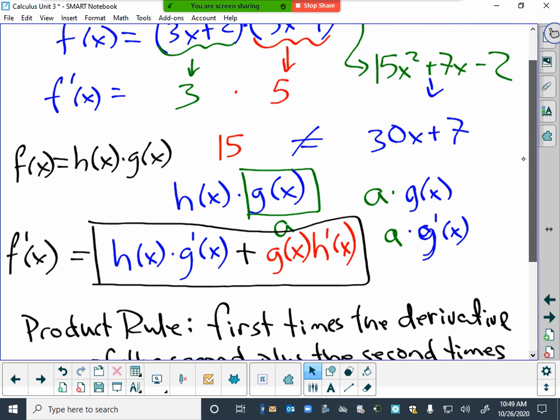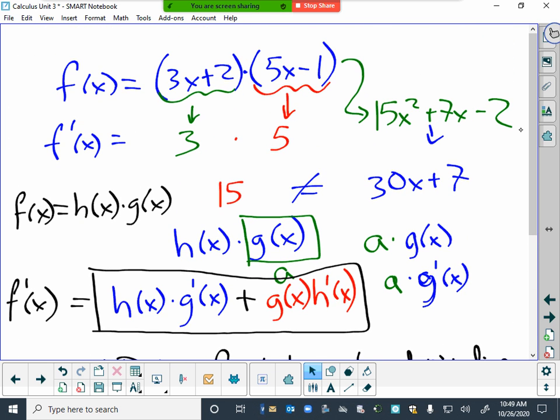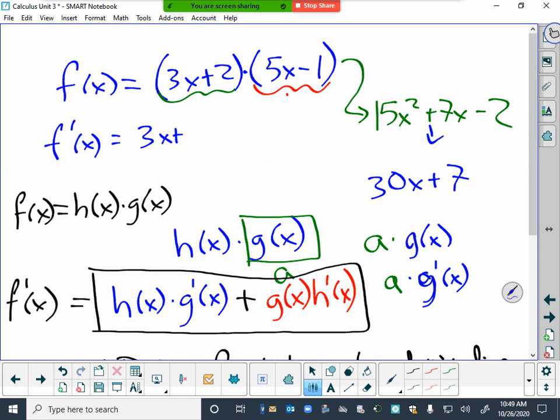If I did that in my problem up here, instead of it looking like this, which was very wrong, if I did the first function, which is 3x plus 2, and I multiplied it by the derivative of the second, and then I added the second function times the derivative of the first, we'll distribute a property here.